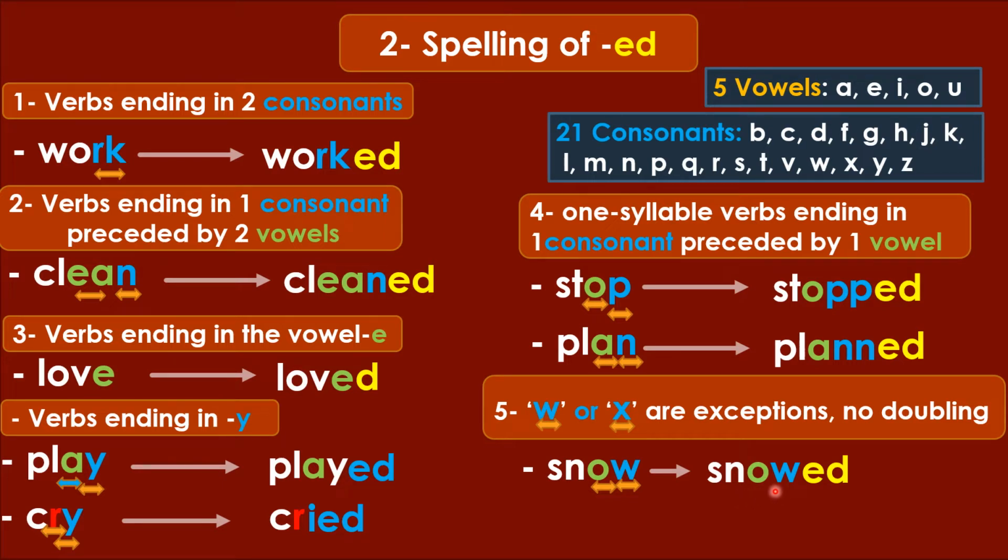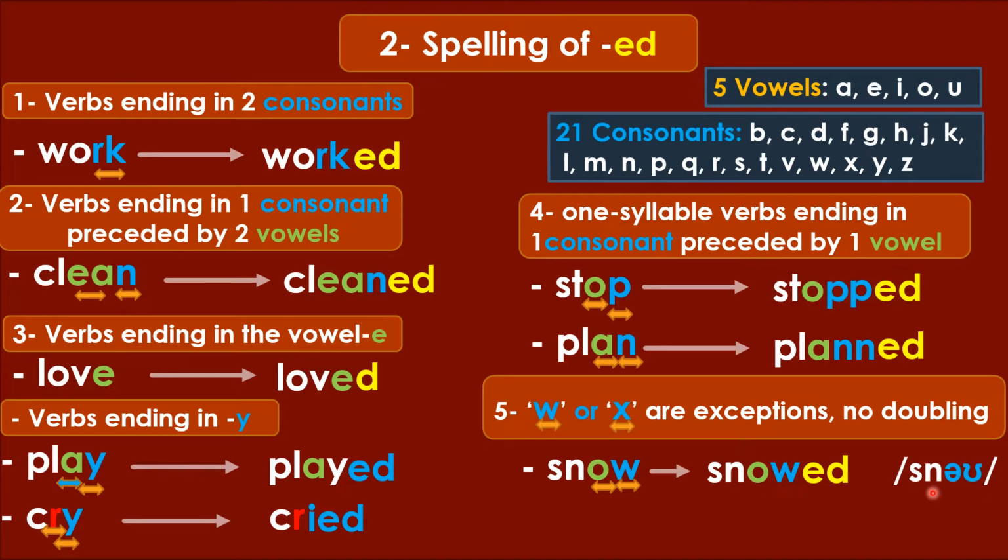Because when we add ED or any ending to any verb, we depend basically on pronunciation rather than spelling. If you look at the word snow, this is the pronunciation of the word snow.